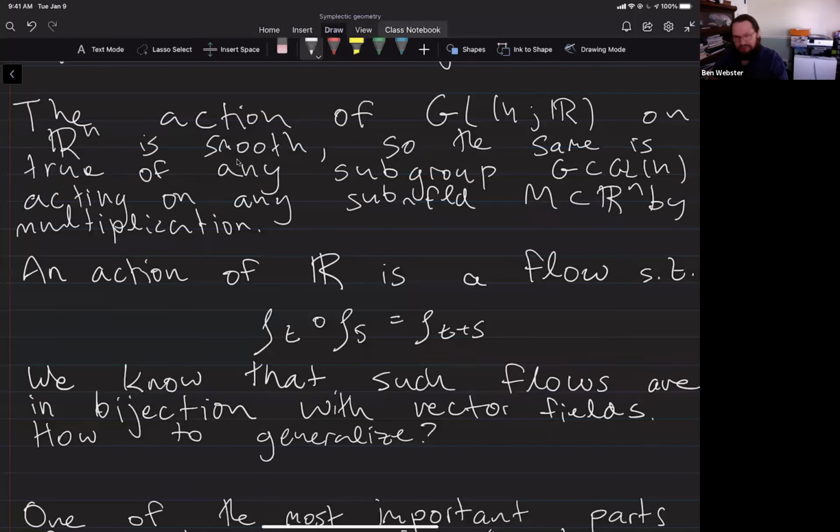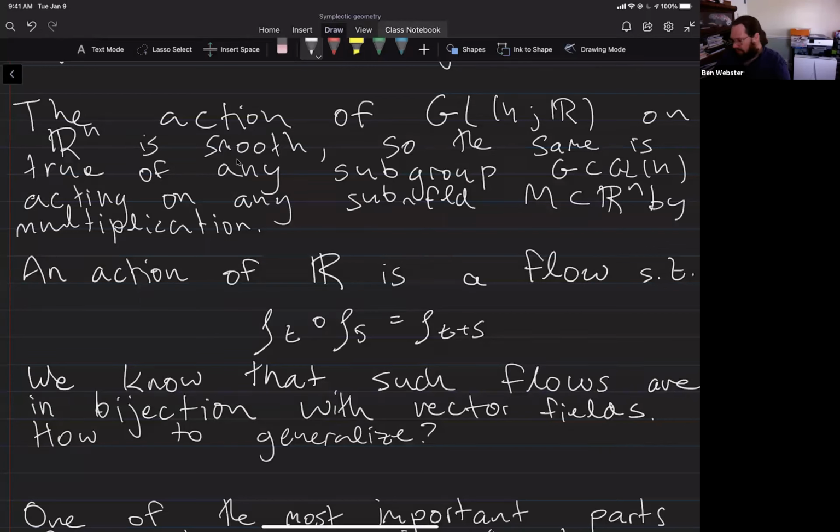We've talked a lot about such flows. They've been very useful for us and will continue to be useful for us. So the point of the lecture today and some of this upcoming material is, how do we take what we did with flows and upgrade that to more complicated Lie groups than R?